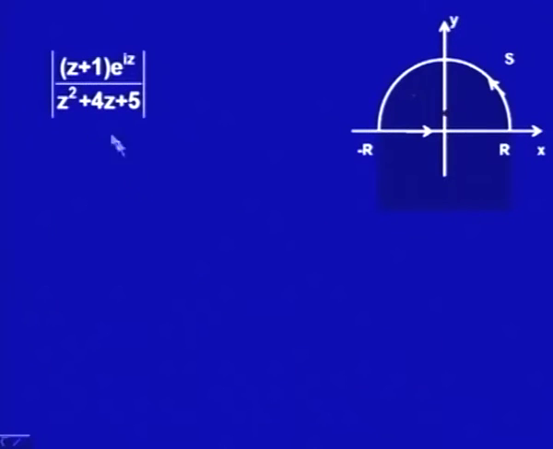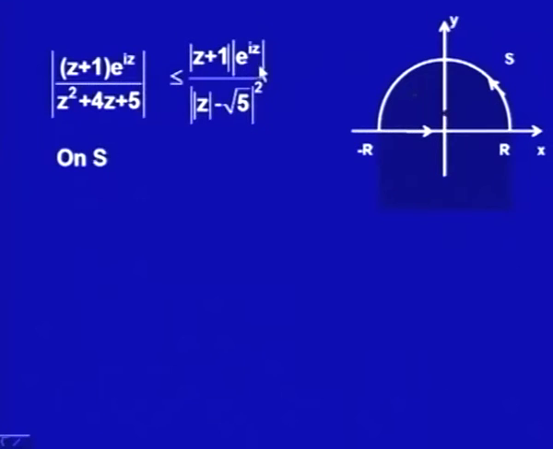So, again we are taking this function (z plus 1) e to the power iz upon (z square plus 4z plus 5). We had just shown that this is less than or equal to mod of (z plus 1) into e to the power iz upon mod z minus square root 5, whole square.